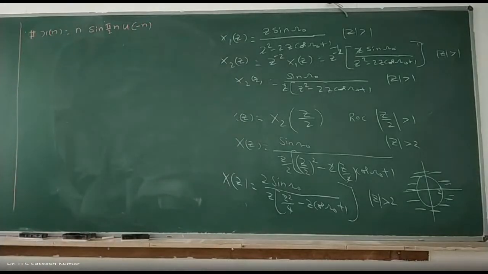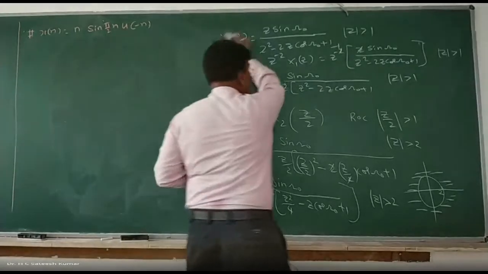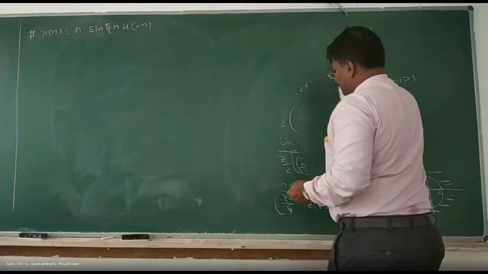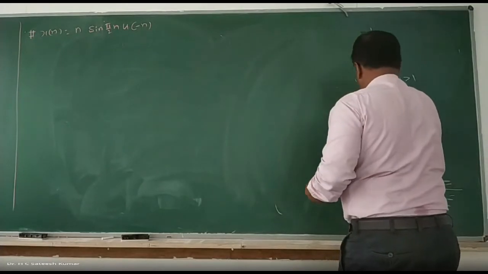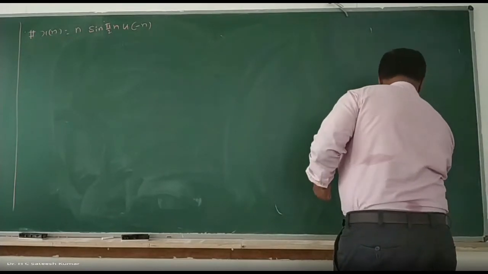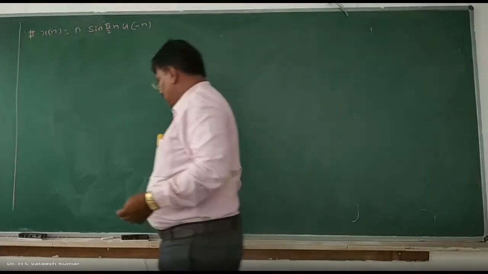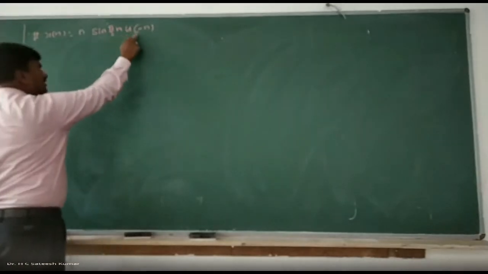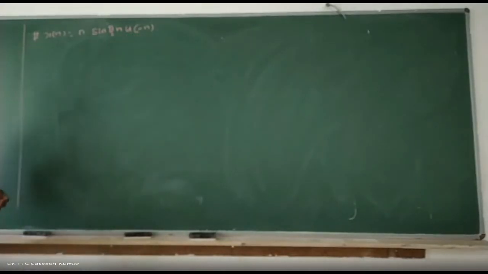Observe carefully. We cannot go for direct substitution in this problem, because u of minus n is there. U of minus n is not a standard z transformation signal.